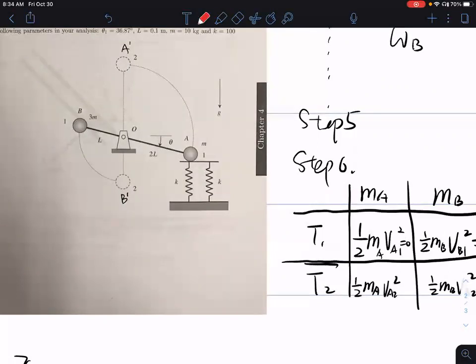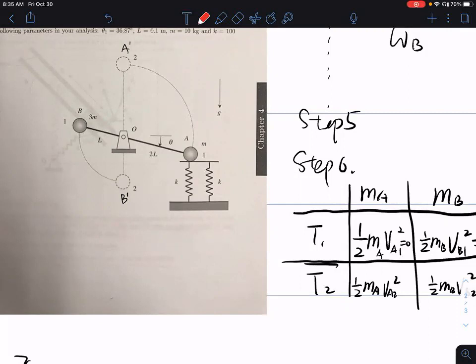Which point do you like to make the 0 reference point? Sometimes it can simplify your calculation. If I set up here as my 0 reference point, then I'm going to have potential energy for both A and B at position 1 and 2.